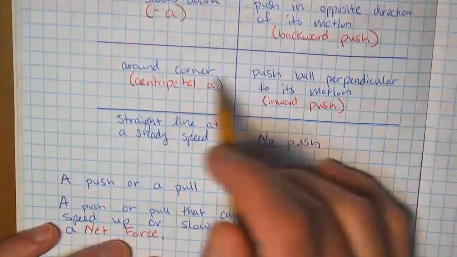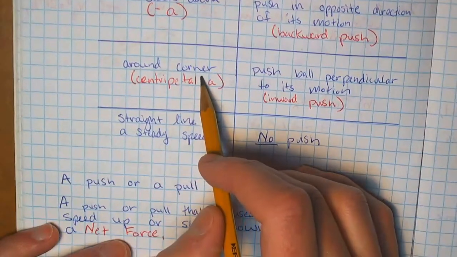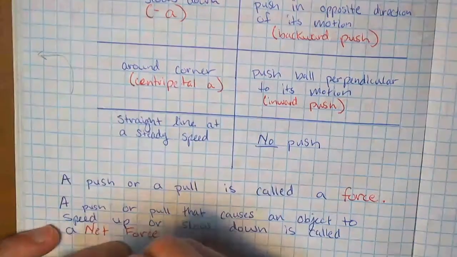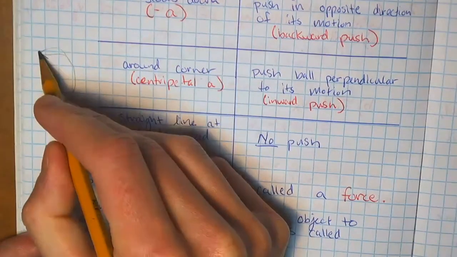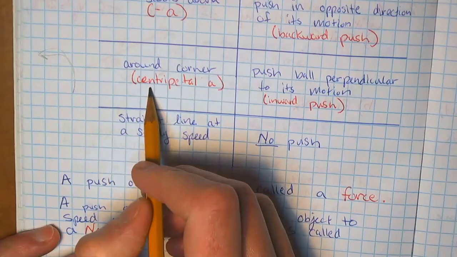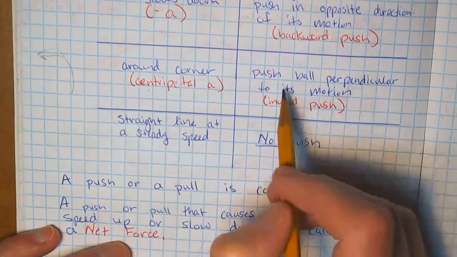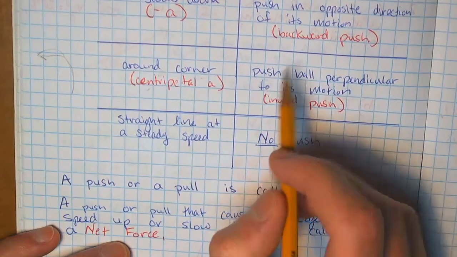If you want it to turn a corner like this, well, that's called centripetal acceleration, and we might talk about that later. But you push on the ball perpendicular to the motion.